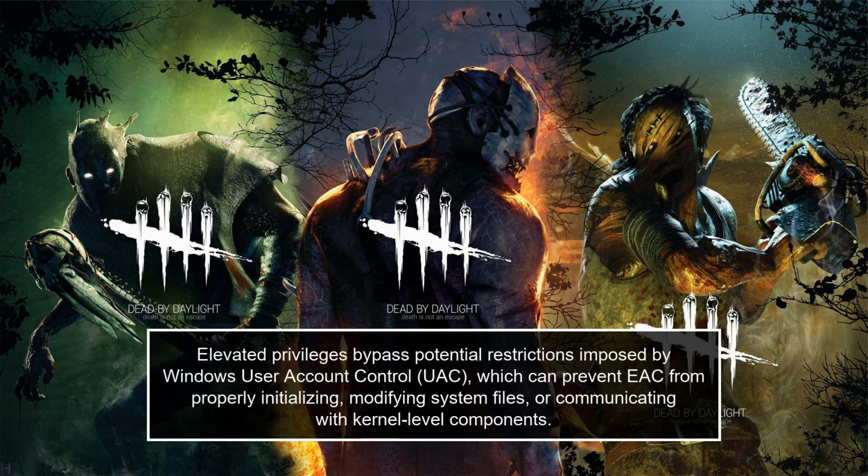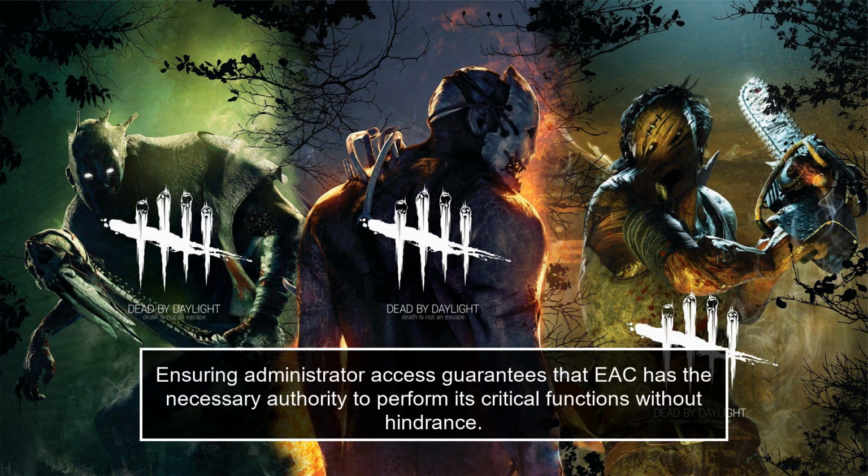Elevated privileges bypass potential restrictions imposed by Windows User Account Control, UAC, which can prevent EAC from properly initializing, modifying system files, or communicating with kernel-level components. Ensuring administrator access guarantees that EAC has the necessary authority to perform its critical functions without hindrance.